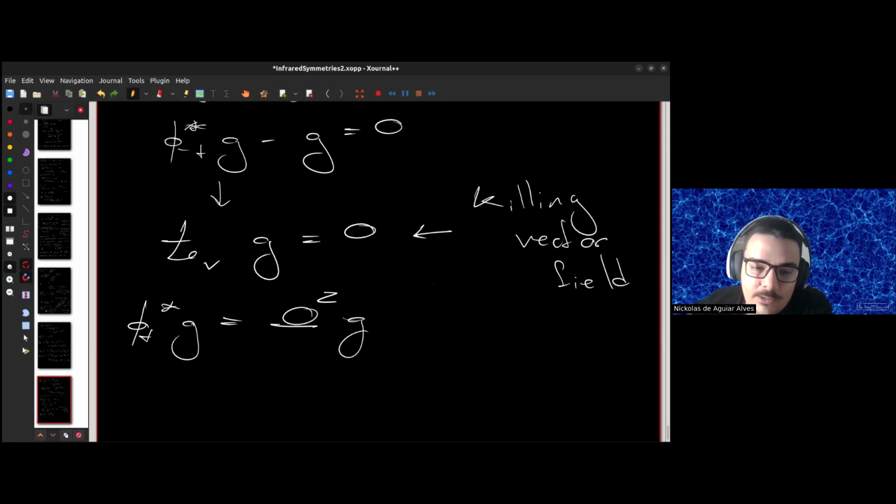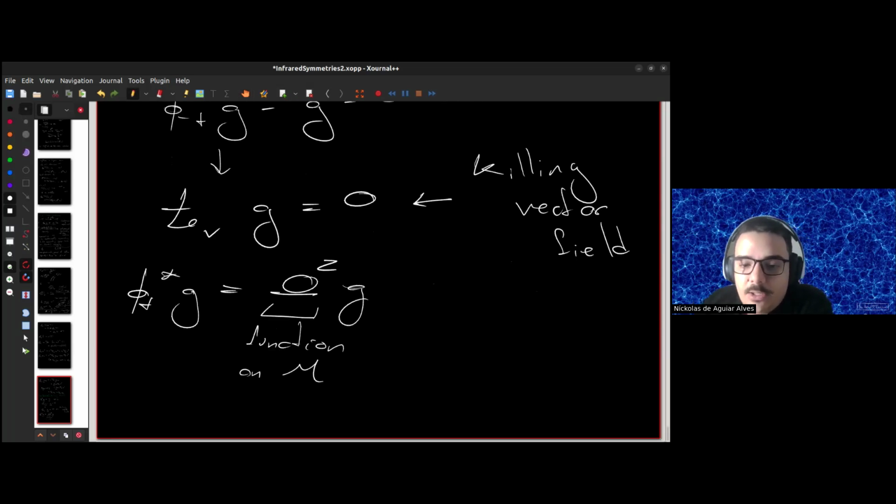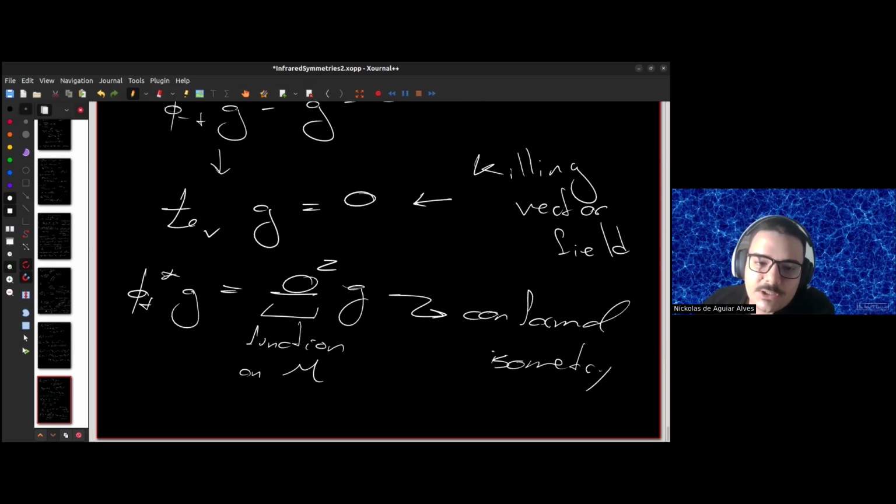This omega here is a function on the manifold, and you can then change the metric in this way. This thing here is what we call now a conformal isometry. It is conformal because this sort of transformation here is what we call a conformal transformation. This inflating the metric. And isometry refers to the fact that it is a diffeomorphism.